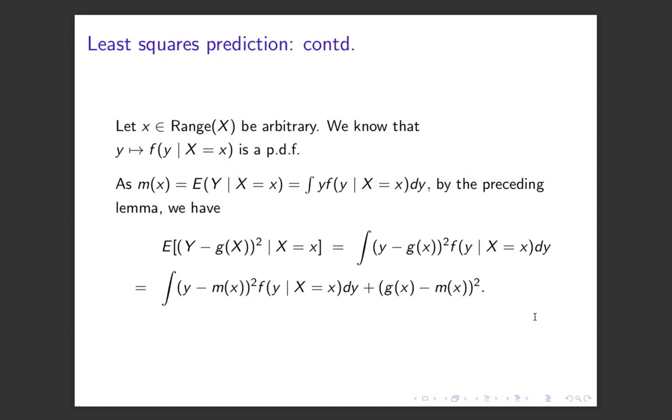Since m(x) is the conditional expectation of Y given X equal to x, which is precisely the integral over y of y f(y given X equal to little x) dy, by the preceding lemma we get this. That is using it for integration with respect to this probability density function, that is f of y given X equal to little x.